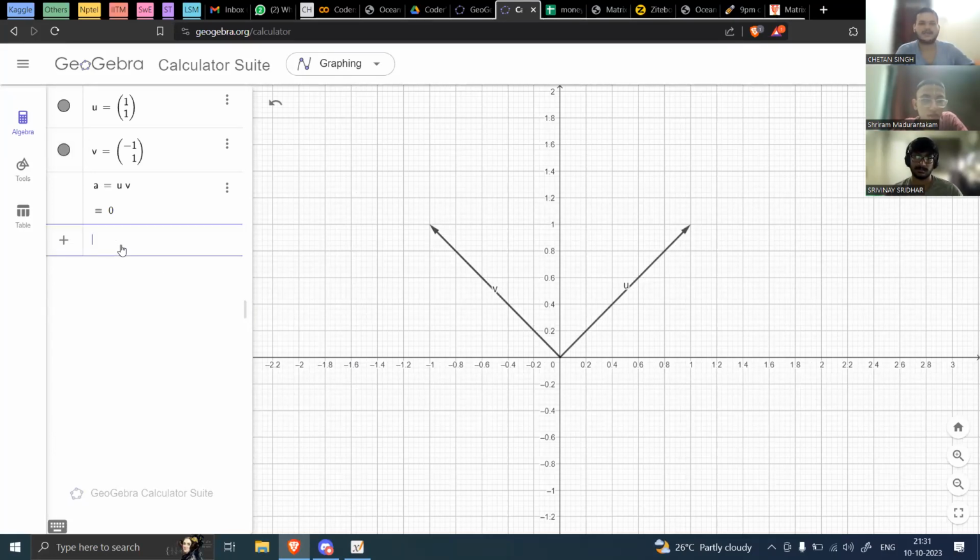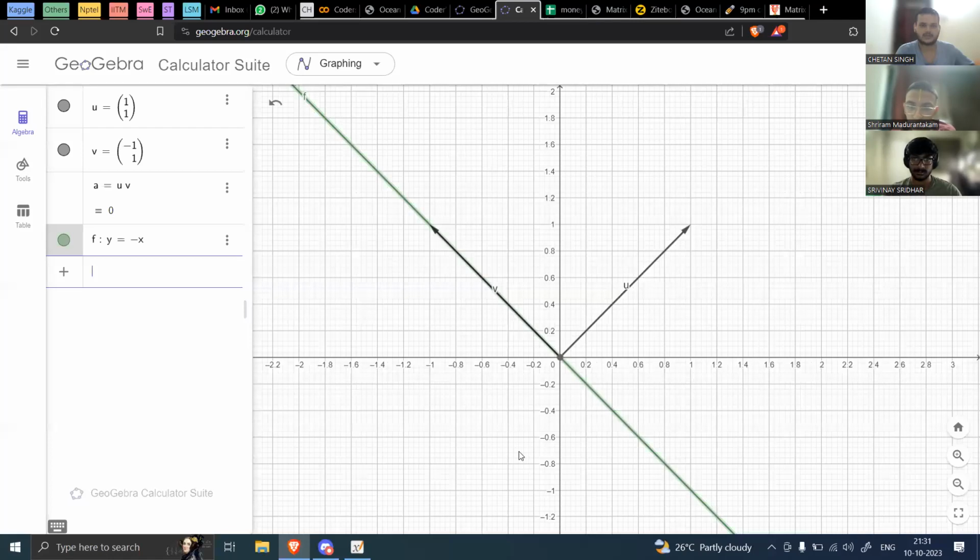So there's a line that is perpendicular to this vector. Every point on that line represents a vector that is perpendicular to this vector 1 comma 1. Am I right, guys? If anyone has any doubts or counter arguments, you can raise your hands.